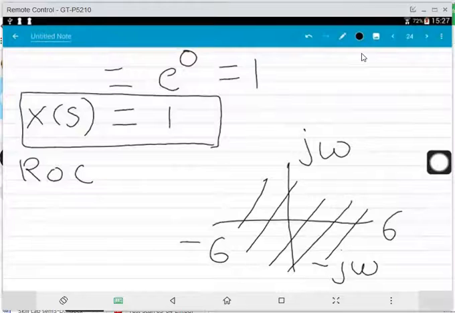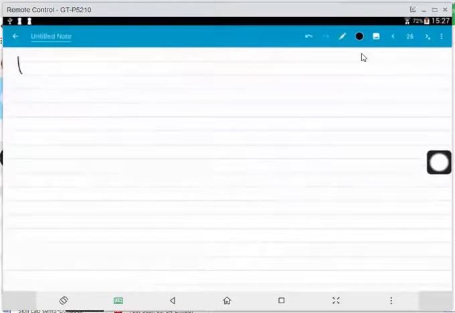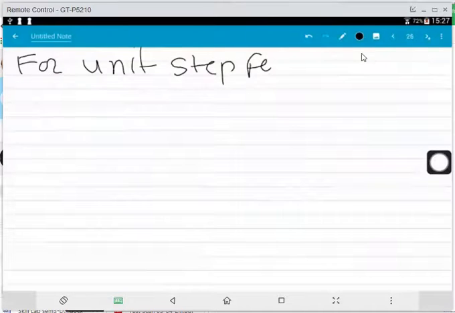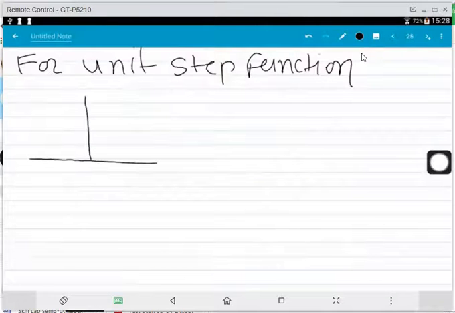Now we are going to find out the Laplace transform of the unit step function. For the unit step function, we have to represent this unit step function.